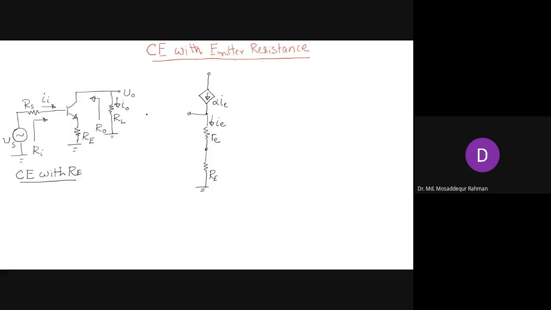At the base, we have the source connected, input current. At the collector, we have the load resistance connected.